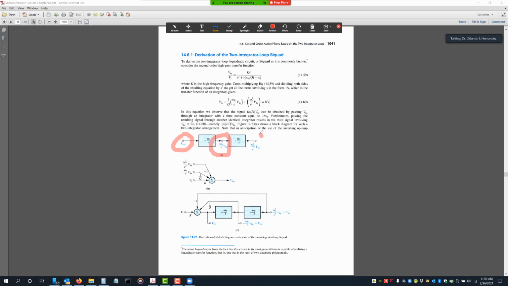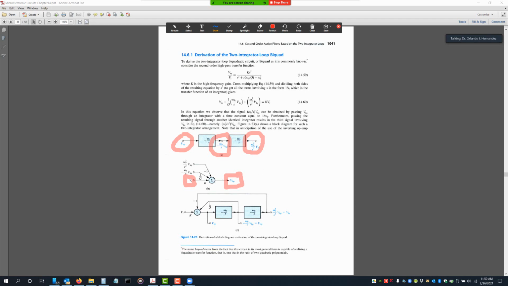And then if we integrate it again, we get that term of the high pass response. And then if we solve for that, we can do that by using a summing junction. And then we can put into that summing junction our input voltage here, and we can define the high pass response as our output.